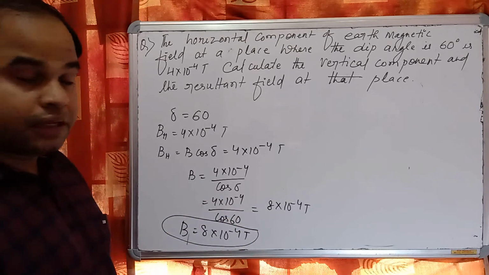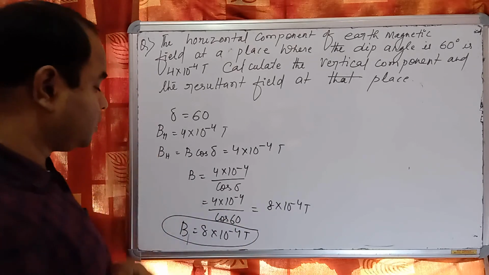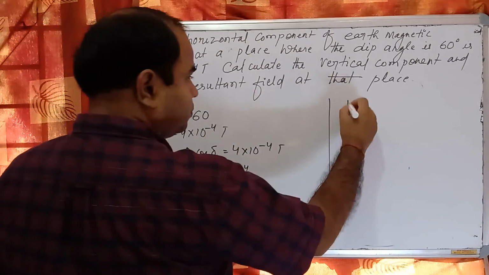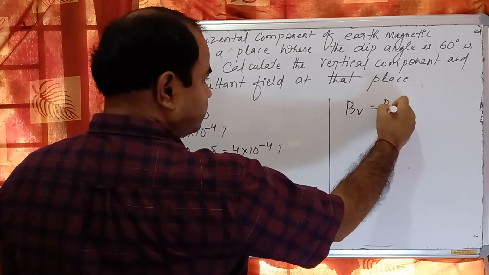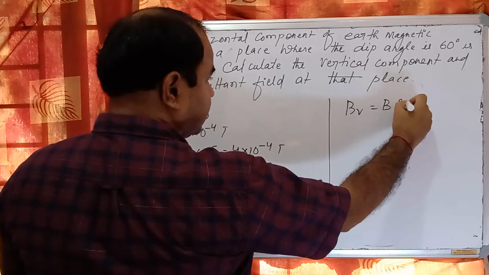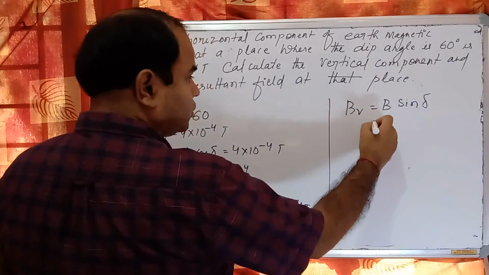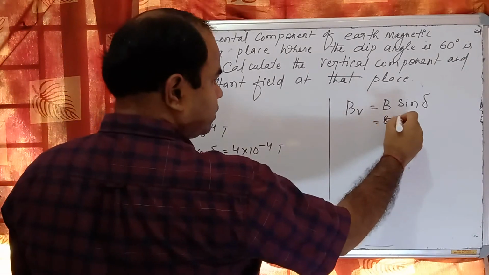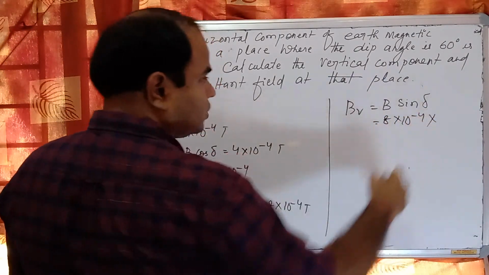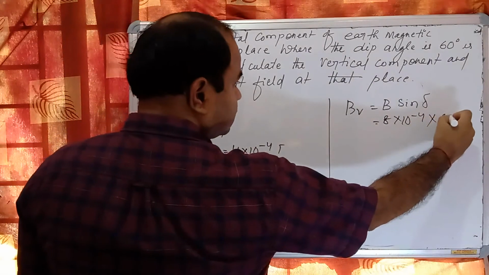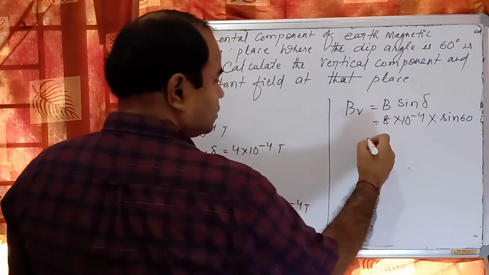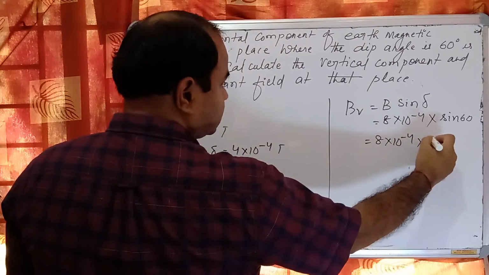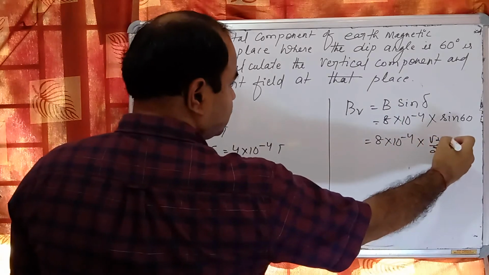Next is the vertical component. So BV is equal to B sine delta, so 8 into 10 to the power minus 4 into sine 60, which is root 3 by 2.